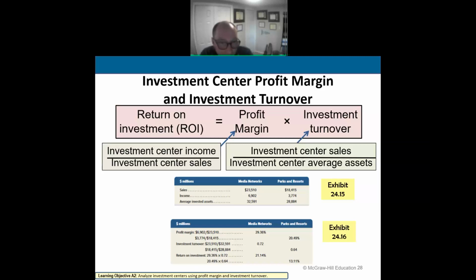We have the investment center income divided by the investment center sales, times the investment center sales divided by the investment center average assets. So profit margin is income divided by sales. Investment turnover is investment center sales divided by investment center average assets.